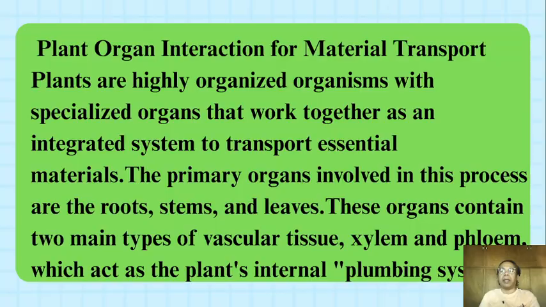The primary organs involved in this process are the roots, stems, and leaves. These organs contain two main types of vascular tissue, xylem and phloem, which act as the plant's internal plumbing system.